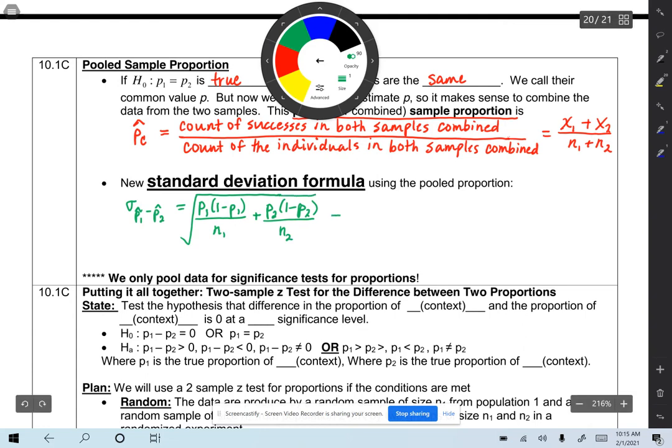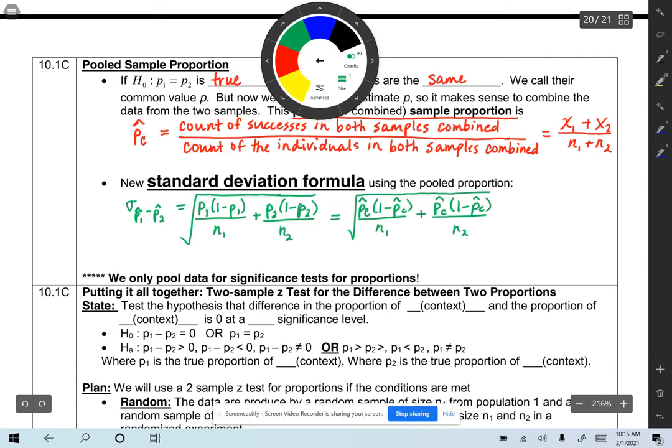And now, since you have this pooled data, this is what happens. So you're using the combined information. So you have this P hat C times 1 minus P hat C over N1. And for the second sample, you have P hat C again times 1 minus P hat C over N2.